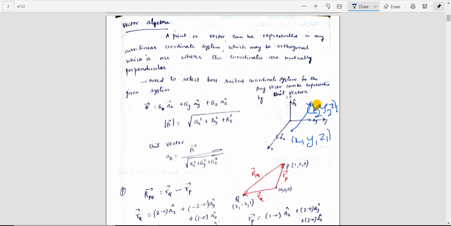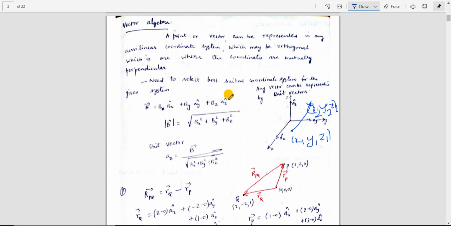Since it is a line, you can define a line function as x2 minus x1 plus y2 minus y1 plus z2 minus z1. So this x2 minus x1 may be defined as the magnitude bx, y2 minus y1 as by, and z2 minus z1 as bz. So you can define any vector with the help of these unit vectors with their magnitudes like this.